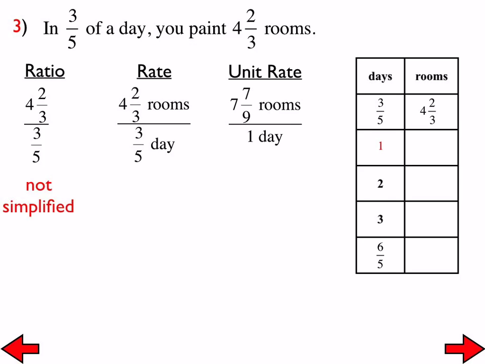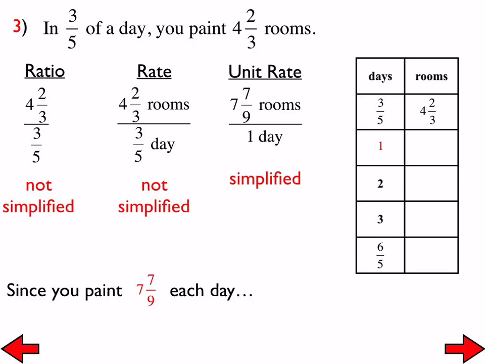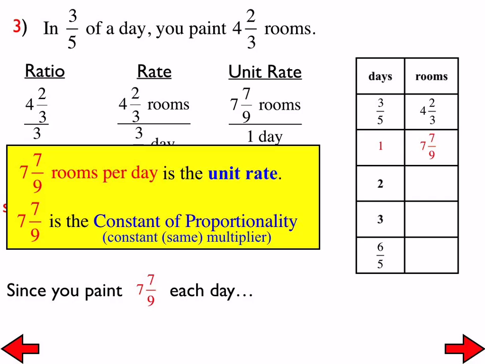And so now we can fill in 1 day on our table because you paint 7 7/9 rooms per day. So for 2 days, we multiply that by 2, and of course 7 7/9 rooms per day is our unit rate, but only the 7 7/9 is our constant of proportionality.